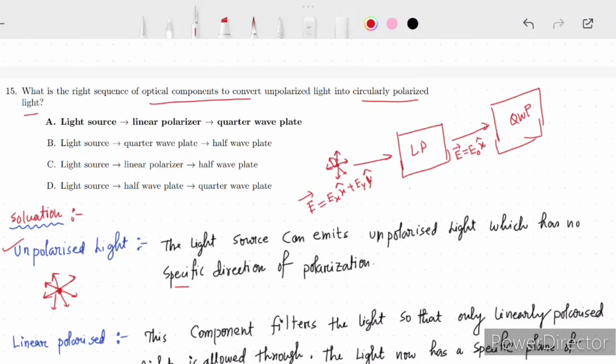How much phase change actually occurs? A quarter wave plate produces a phase change of 90 degrees between the x component and the y component.